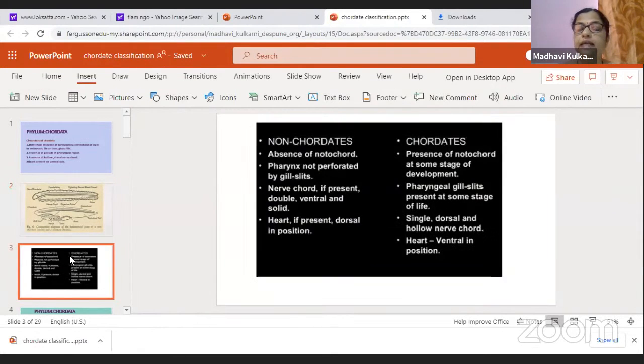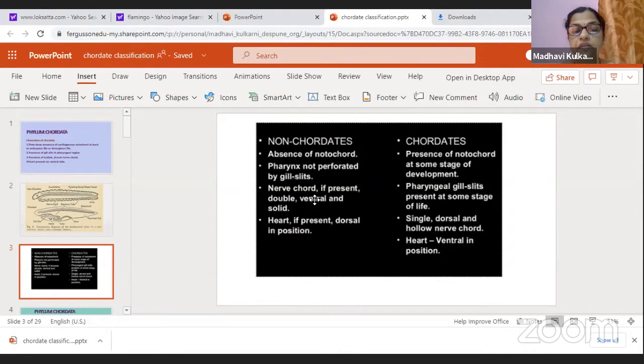Actually, this is a slide in which the difference is again very clear. The absence of notochord in non-chordates, and presence of notochord at some stage of development, is a peculiarity of a chordate. Then the pharynx is not perforated by gill slits in non-chordates, while pharyngeal gill slits are present at some stage of life.